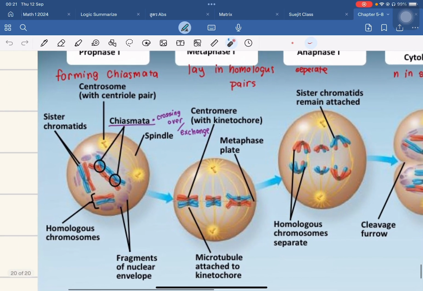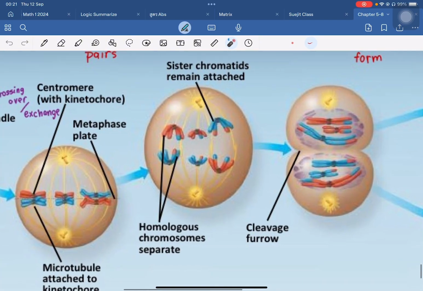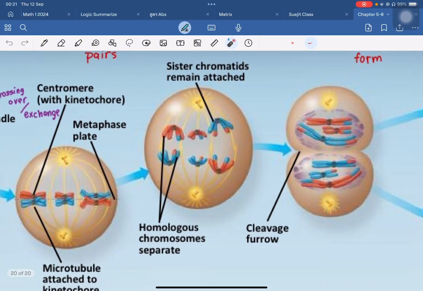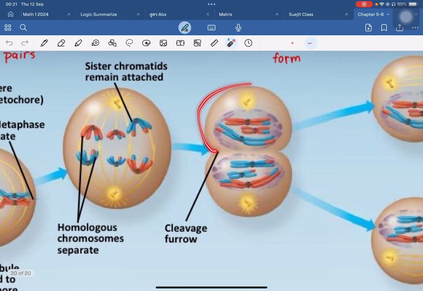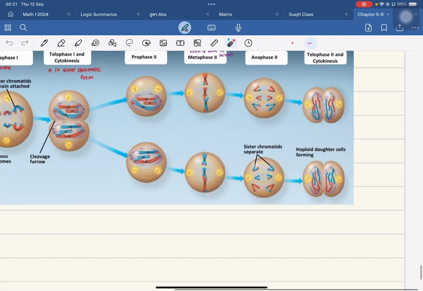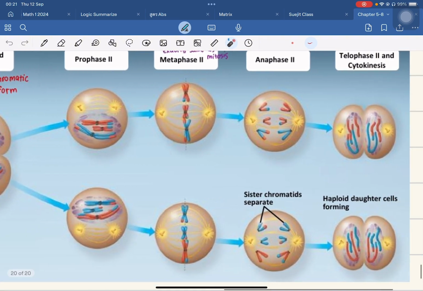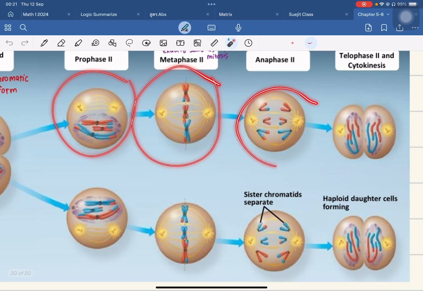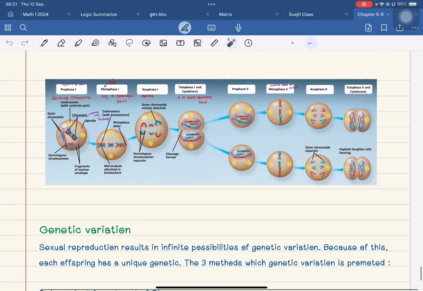They're crossing over, having chiasmata line up. Here they are separating, but they're still in chromosome form because they have four chromatids at first, and then here they start to separate. It is meiosis 2, but they're doing exactly the same process as mitosis.